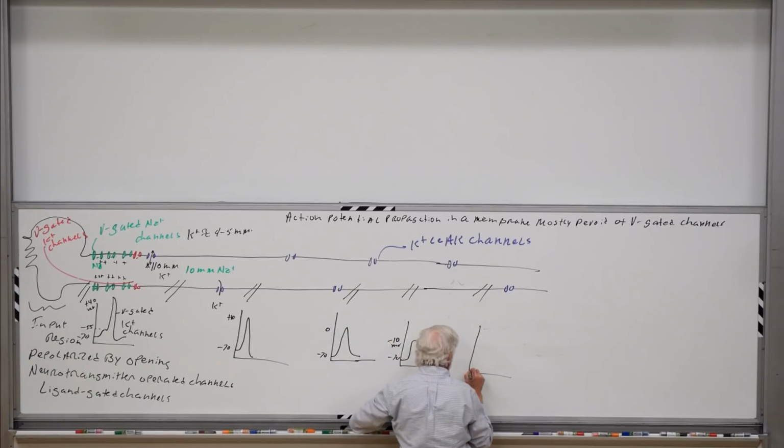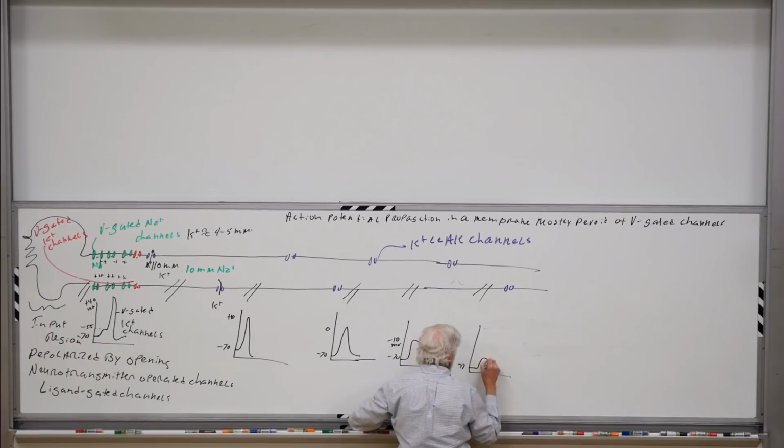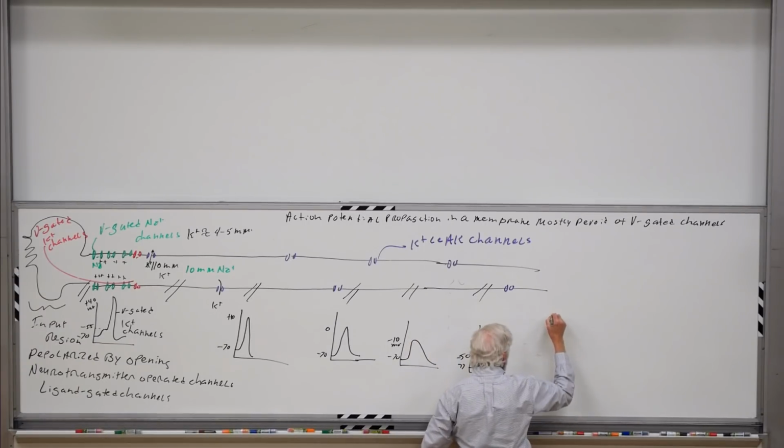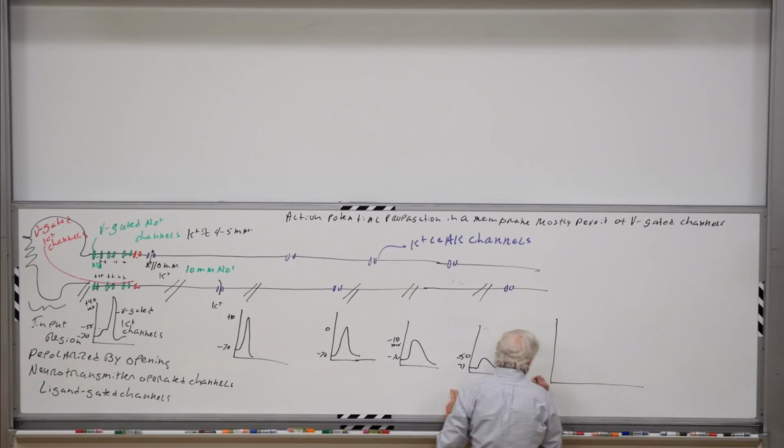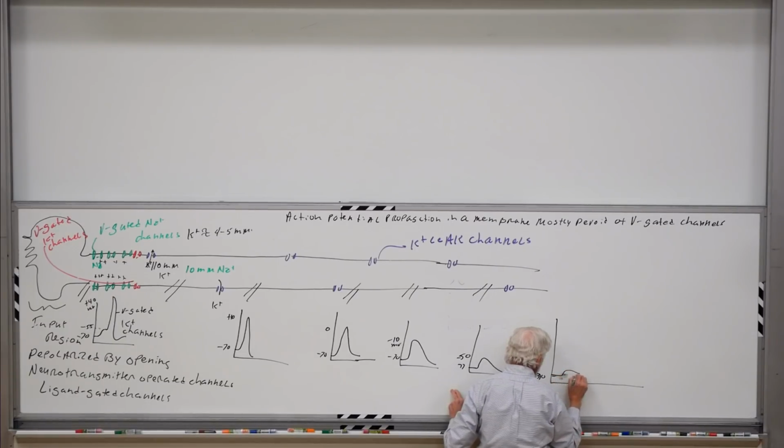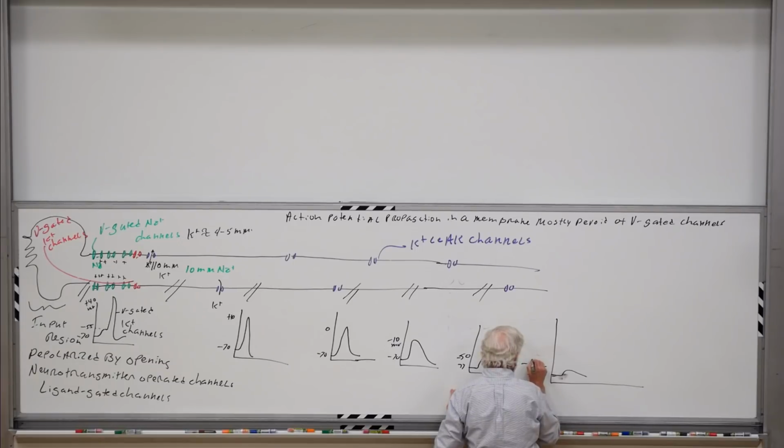And here it may go from minus 70 to minus 50 millivolts. So by the time we get down to this point, the membrane potential goes from minus 70 to maybe minus 69 millivolts.